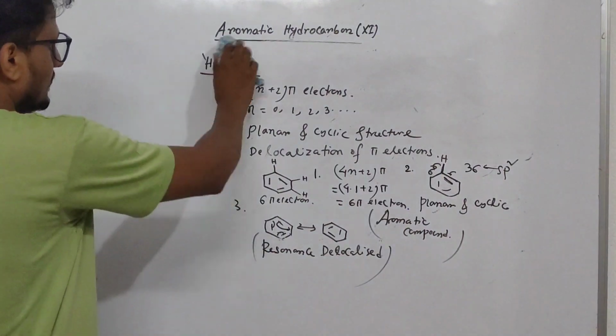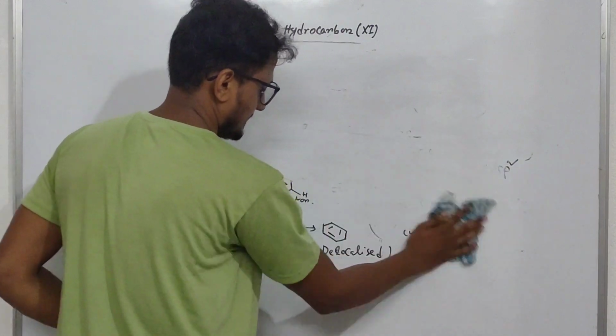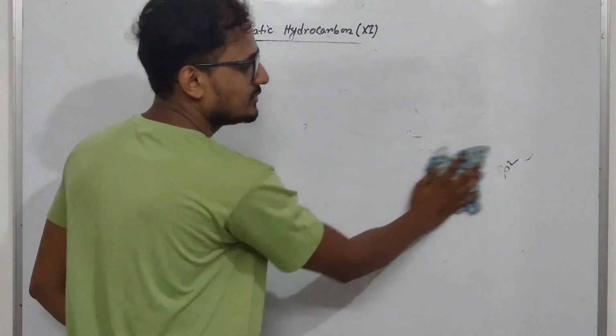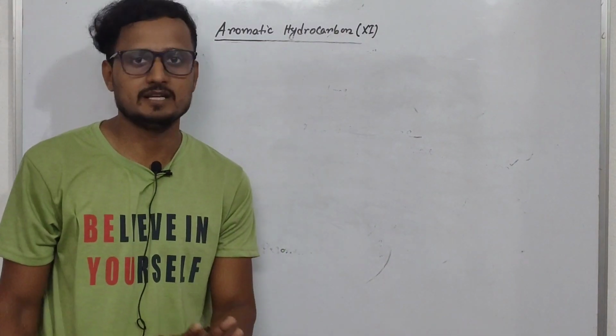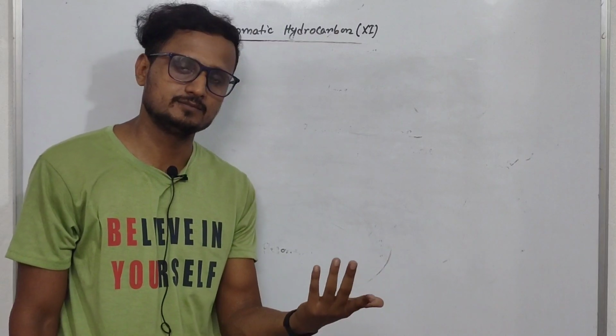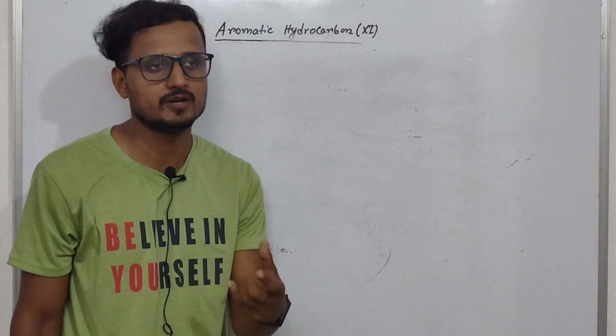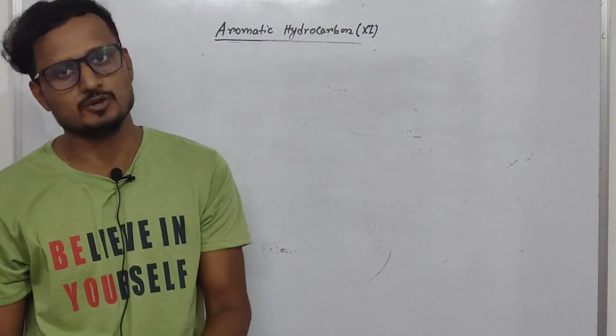Okay? Now, along with aromatic, we have anti-aromatic. The compounds that are anti-aromatic will not have 4n plus 2 pi electrons. They will have 4n pi electrons, and the other structural requirements are the same: they should have resonance and a planar and cyclic geometry.